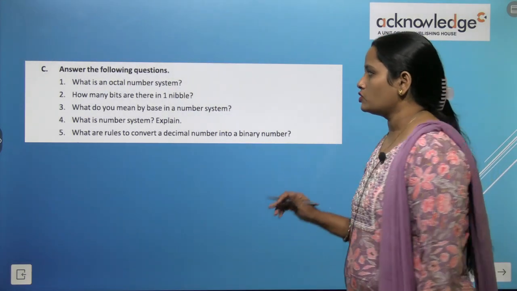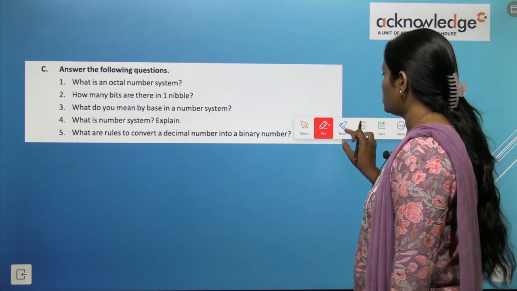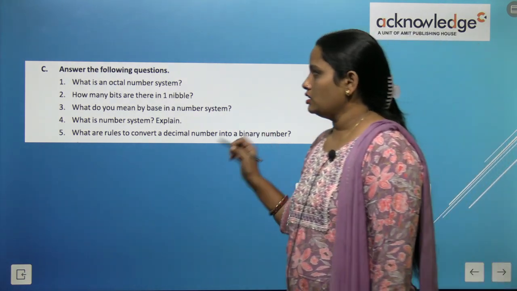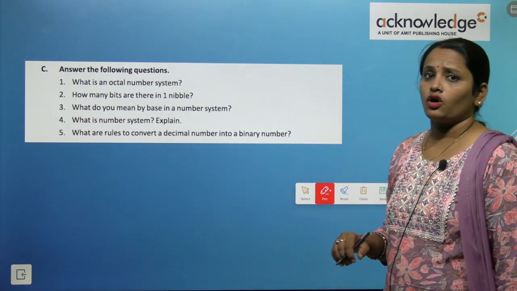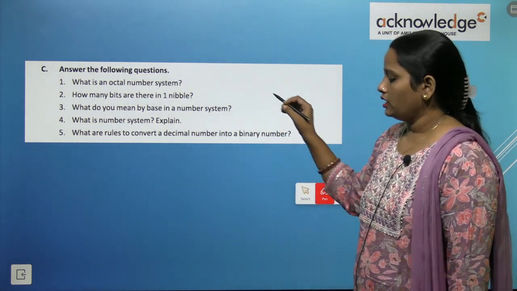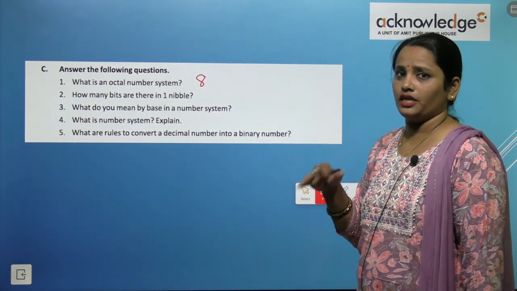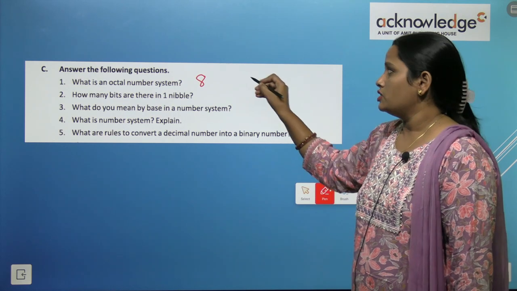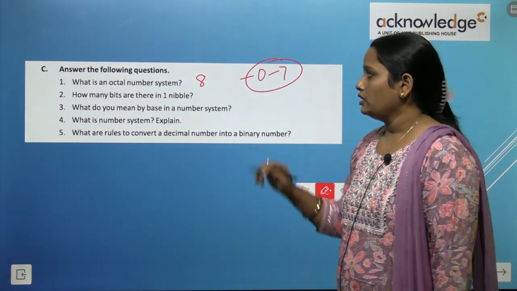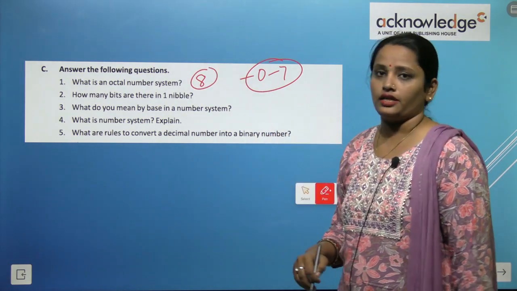So children, let's quickly come to the question and answer. What is an octal number system? It is the shorthand representation of the decimal number system, and it consists of 8 as a base. 8 digits from 0 to 7 are used here, and the base is 8.